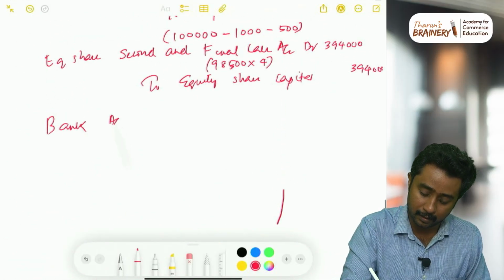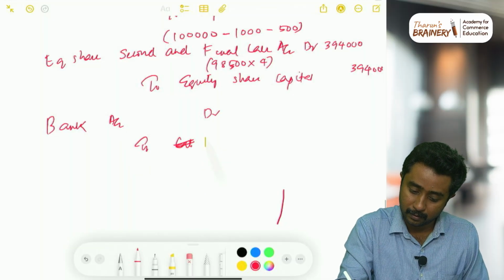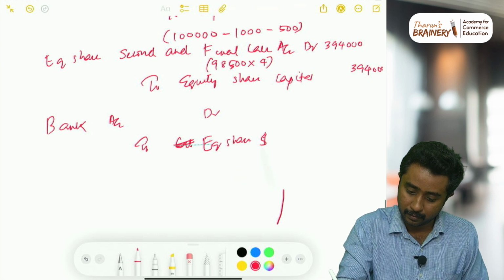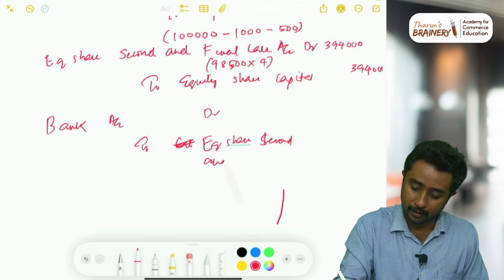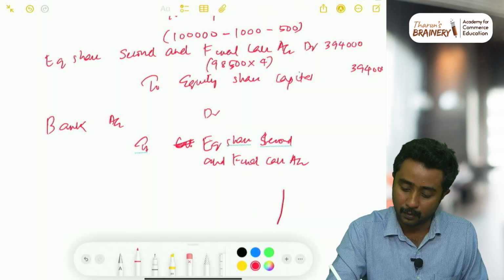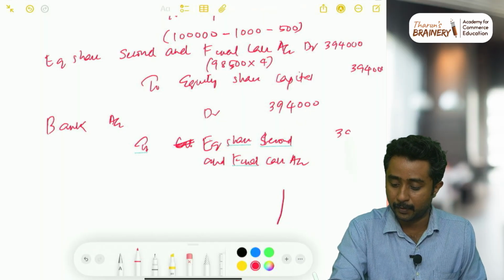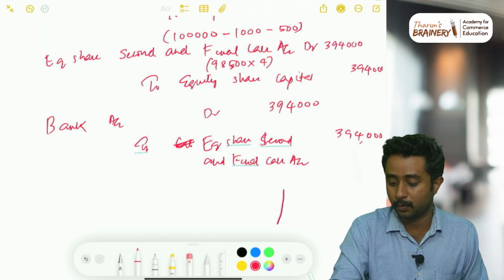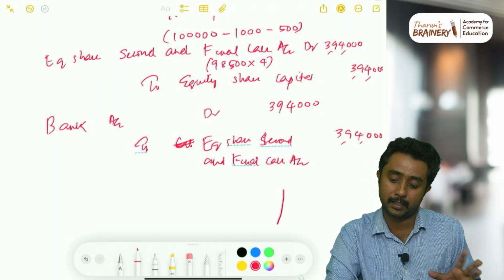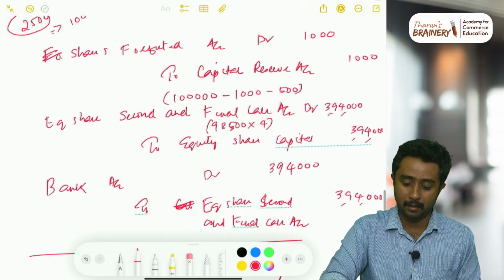So, bank account debit to equity share second and final call account, 3,94,000 itself. Why? Because there is no other shareholder who made default on payment. Already we have excluded Ramesh and Suresh's shares from the list. So that is how we end the entries.